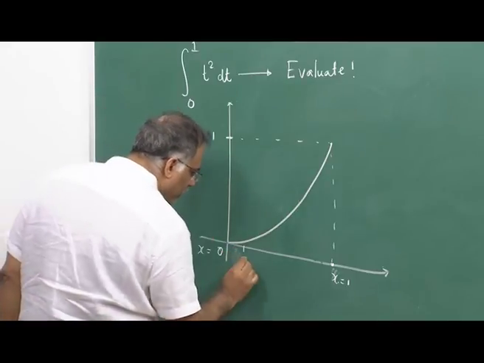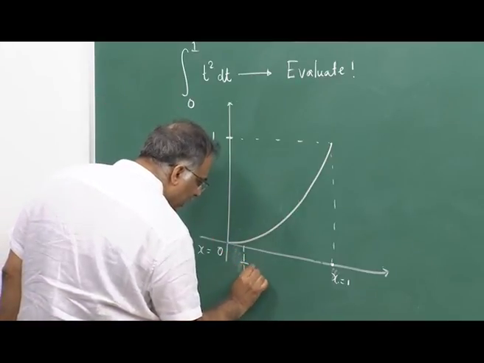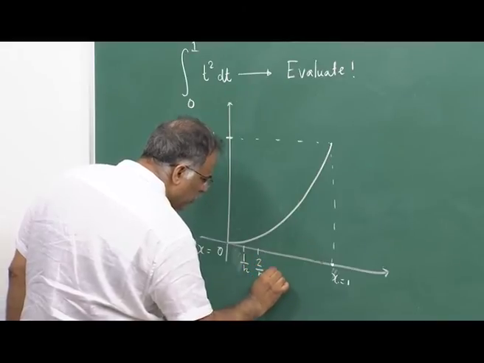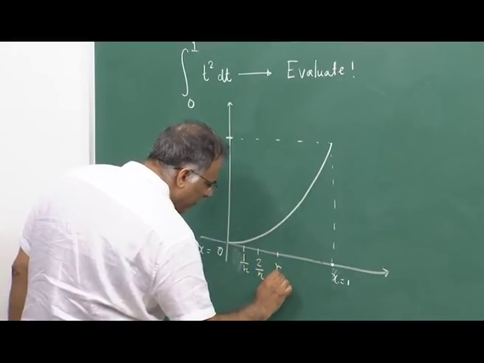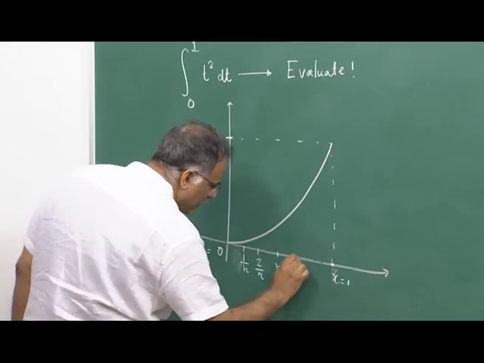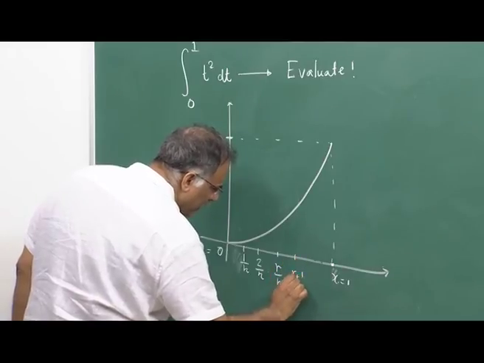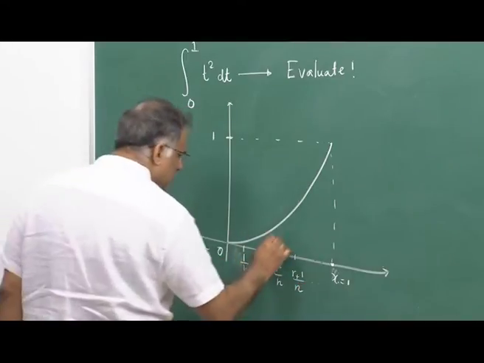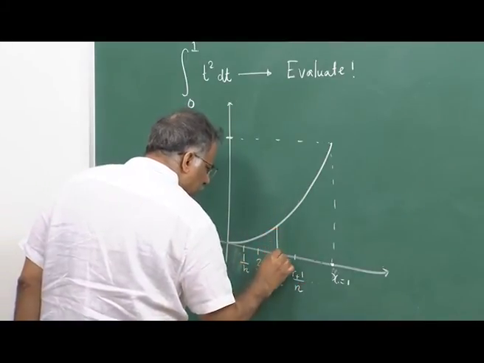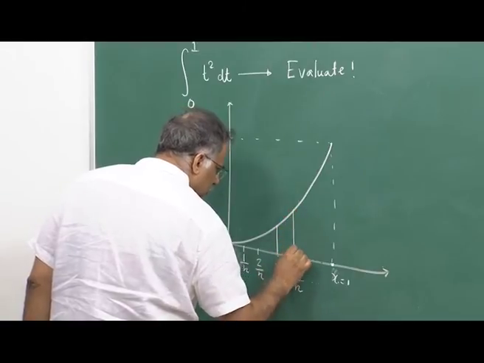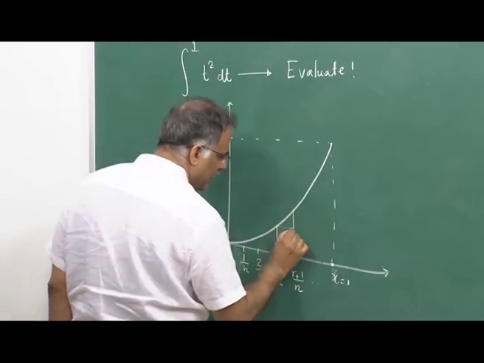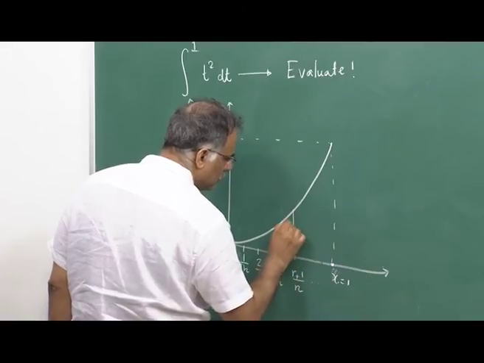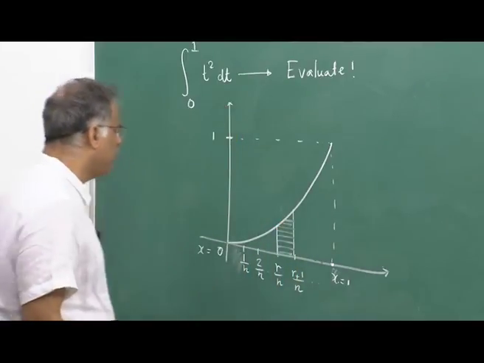So, the first point where we cut is 1 by n, then 2 by n, and so in the middle I will have r by n and r plus 1 by n, and go on. Now I will concentrate on this part and look into this area. What does this area mean for this function?